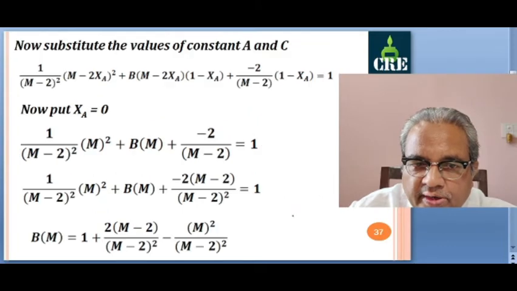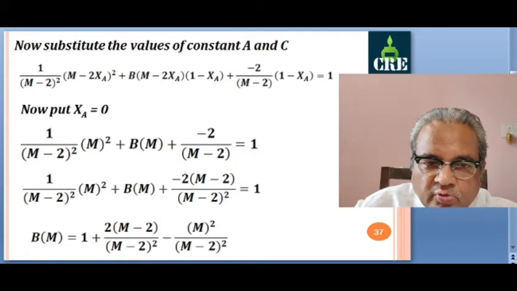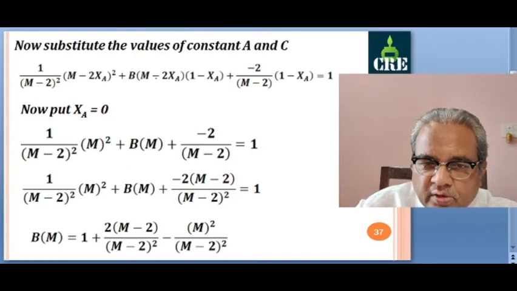So I want to evaluate B now. First I will substitute the values of the constants A and C. So A constant is 1 upon (M minus 2) square. Constant C is minus 2 upon (M minus 2), and other things remain the same. So this B I can evaluate by substituting XA is equal to 0. If I substitute XA is equal to 0, this becomes 0.